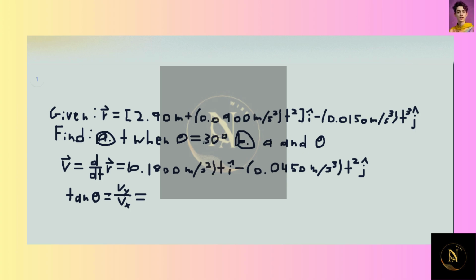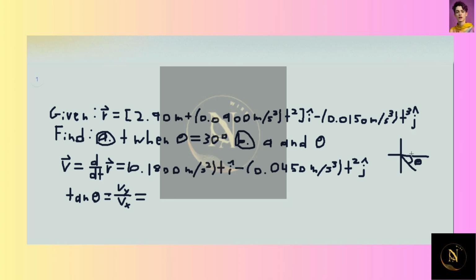We have to keep in mind though, in the problem it says it's clockwise from the positive x-axis. If it's clockwise, you can just draw a little diagram here. That means the angle is in the fourth quadrant, so we have to have a negative tan of 30, because it's in the negative y quadrant.